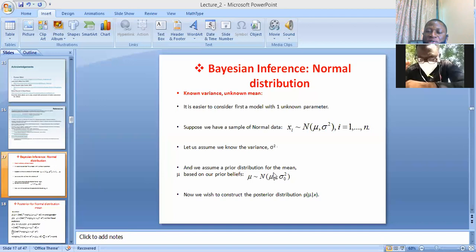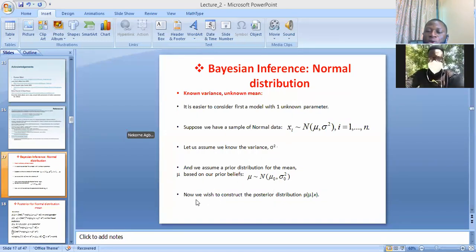Now the prior distribution for the mean, so we are assuming that the prior distribution of the parameters also has a normal distribution. But this time we are going to indicate the mean for the prior distribution as mu subscript naught, and then we indicate the variance of the prior distribution as sigma square subscript naught.